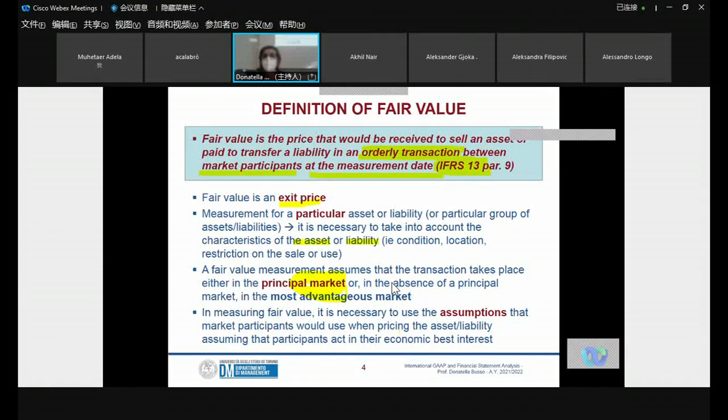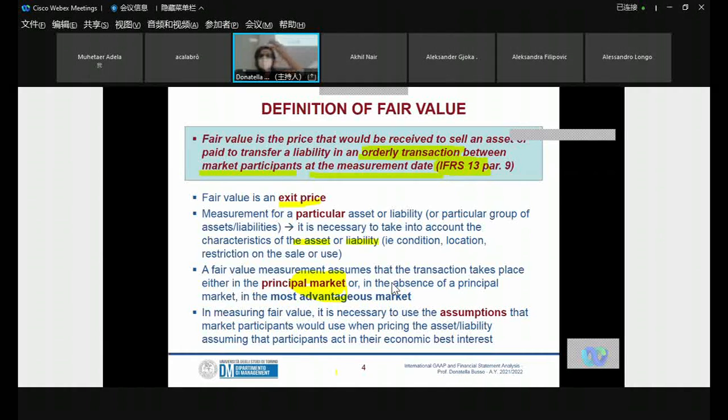Because if I need to sell sometimes very quickly, I accept to receive also a lower amount of money because I prefer to have the money quickly compared to wait some months in order to obtain a fair value. Okay? So the fair value is based on market and is determined, having in mind orderly transaction between market participants.